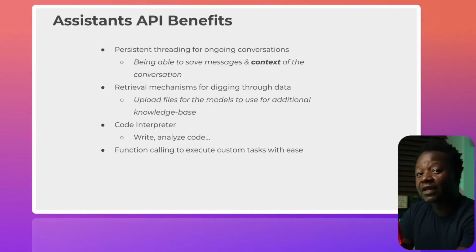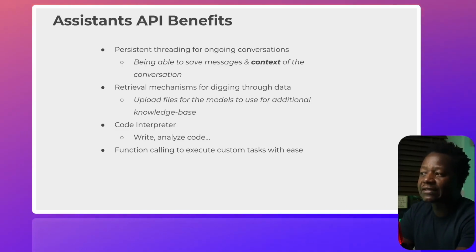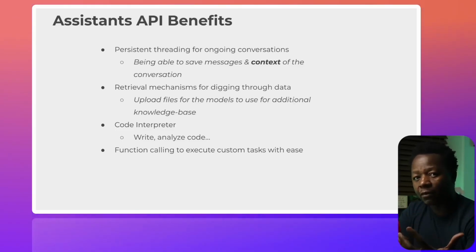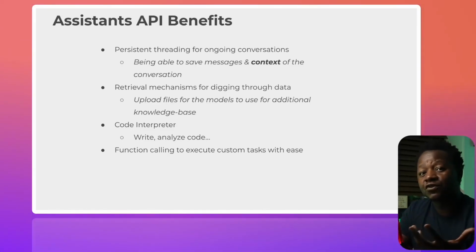One of the biggest things that we now get with the Assistance API is that we can actually do function calling. What that means is that when our assistant is solving a problem, we ask a question, and the assistant will be able to call a function that we specify, which will be used as a tool to go and fetch certain data that the large language model needs to solve a certain problem.